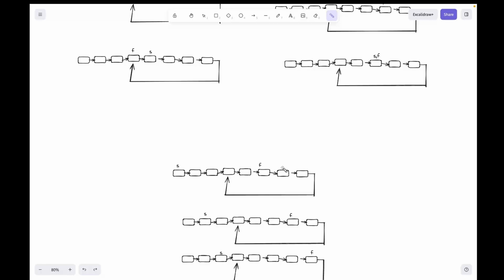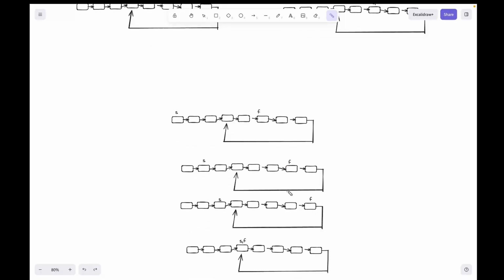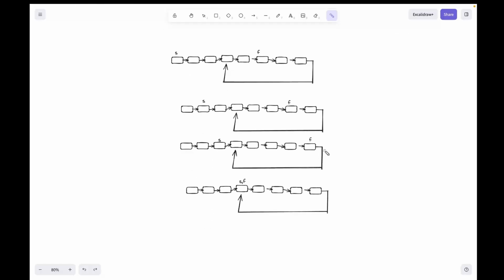Remember, I'm moving both slow and fast by one position, not slow by one and fast by two. So I moved my slow by one position, fast by one. Again, from here to here, fast moves from here to here, and slow moves from here to here. Again, my slow moves from this node to this node, and my fast moves from this node to this node. And again, if they are pointing at the same node, it means it's the starting point of the cycle.